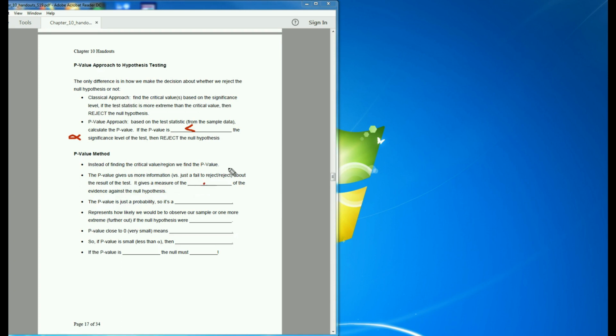It essentially gives us a measure of the strength of the evidence against the null hypothesis. In other words, are we really rejecting it by a lot, or are we just rejecting it by a hair, or what? Okay, it gives us more information.